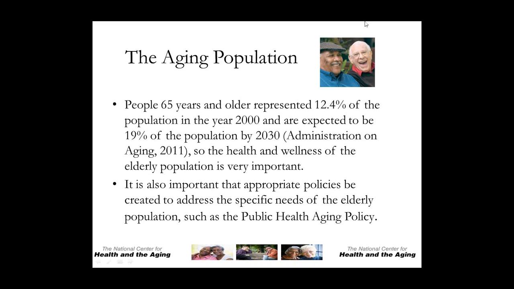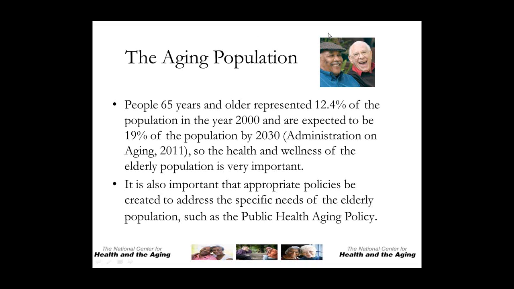In the U.S., the aging population, people 65 years and older, represent about 12% in the year 2000. And that population is expected to increase about 19% by 2030. And so really focusing on this population is critical and crucial, especially since the older adult population is diversifying.